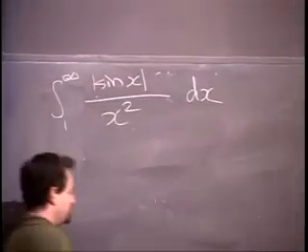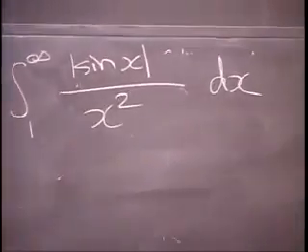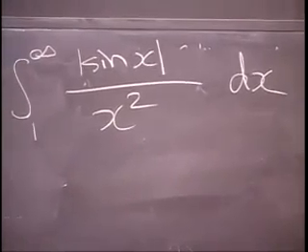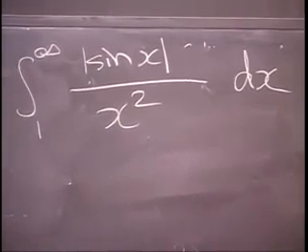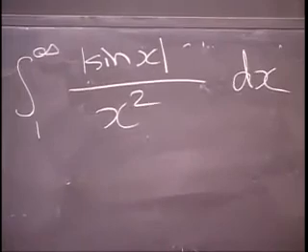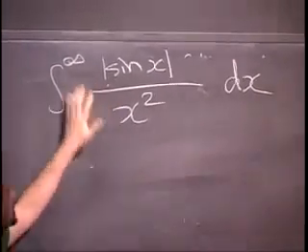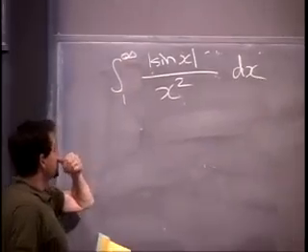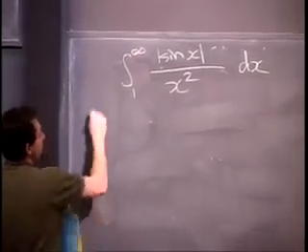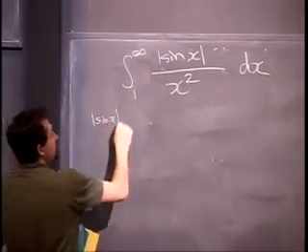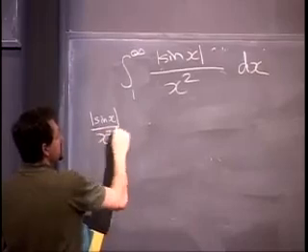I've taken absolute values because otherwise the numerator could be negative. So I have the absolute value of sine x over x squared. So there's no sandwich principle here. I could care less that this goes to 0 because I'm not trying to do an asymptotic sort of stuff. In fact, it would be wrong to say, oh, sine x behaves like 1. I've never told you this. This is wrong.